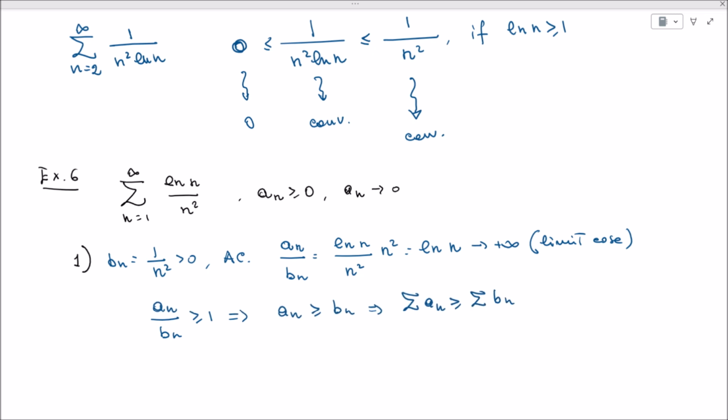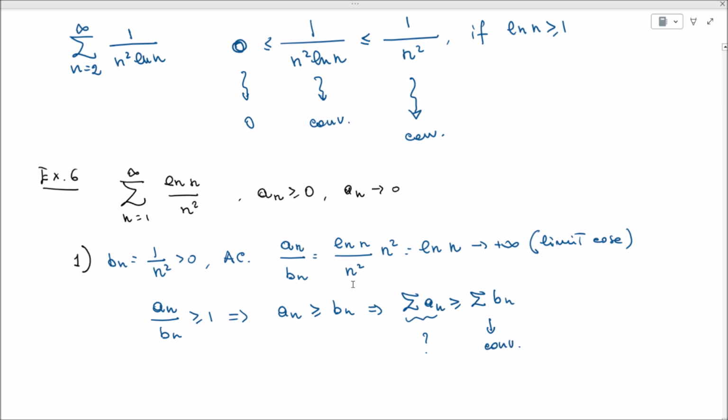But because the partial sums of bn converge, actually, we can't say anything about the sum of an. We would be able to say something if the sum of bn diverged to plus infinity, because that would push the sum of an to diverge as well. But in this condition, nothing can be said.